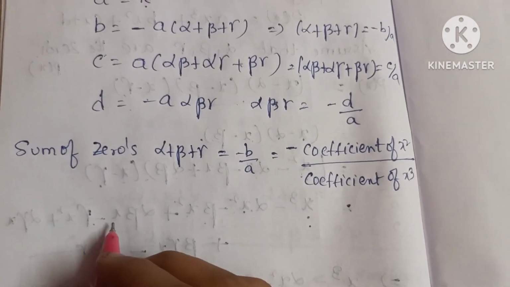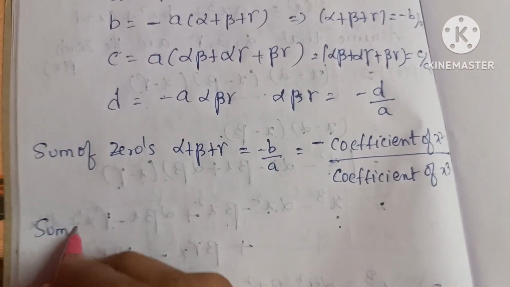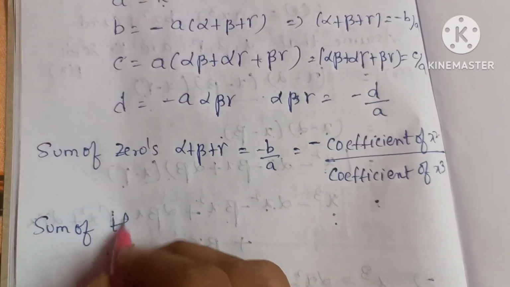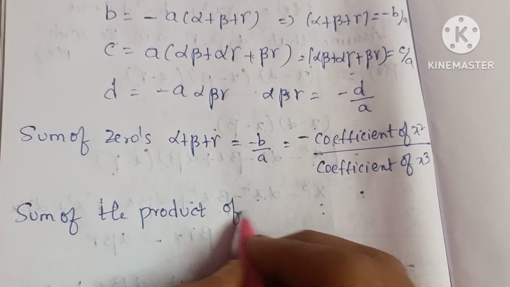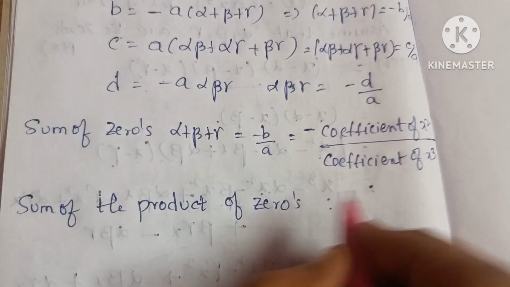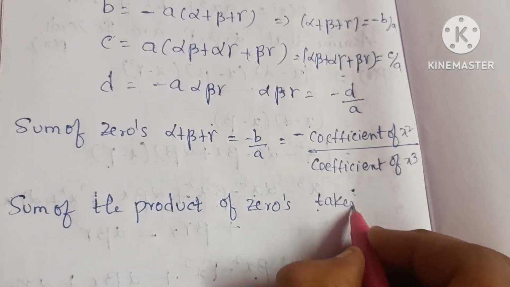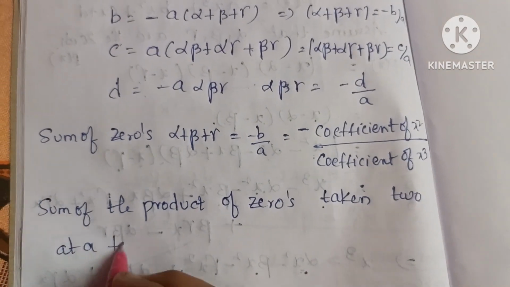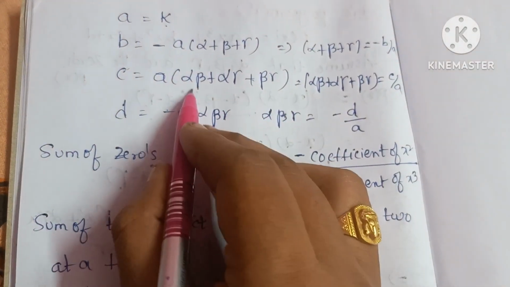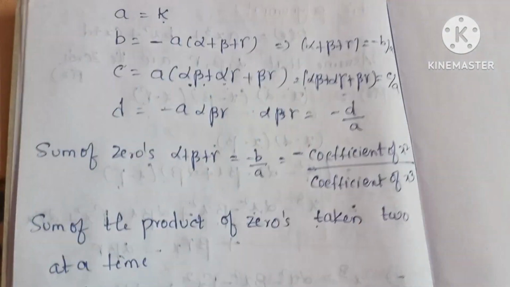Next one, sum of the product of zeros taken 2 at a time. 2 at a time means here taken 2 at a time: alpha beta, alpha gamma and beta gamma.